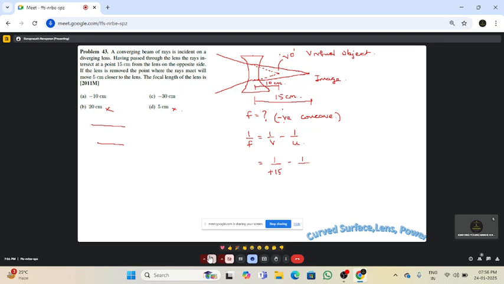Minus 1 by u. u is the object distance. This is the object, so the object distance is on the plus side, the positive side. So plus 10 cm. This minus is the minus in the formula. Why put plus like this? So that we do not make a mistake with the minus and plus. Do this math: 10 minus 15 gives minus 5, divided by 15 into 10. So 3. So f is equal to minus 30.